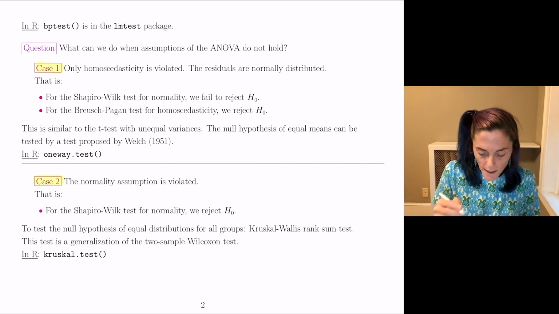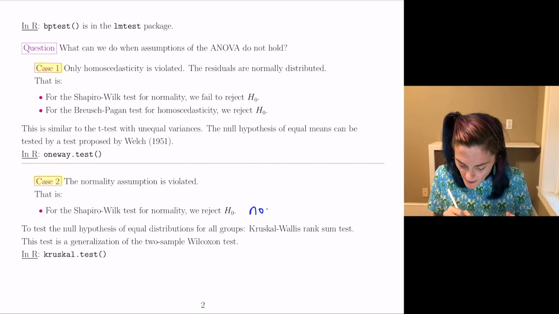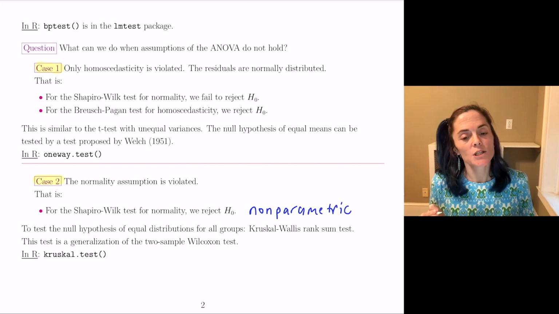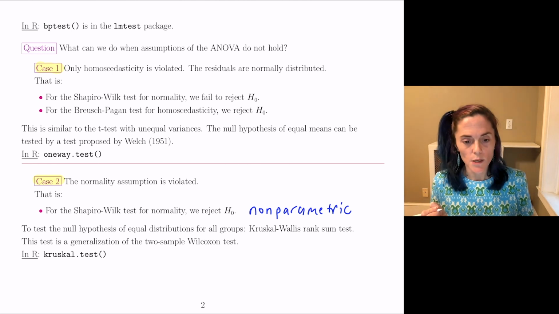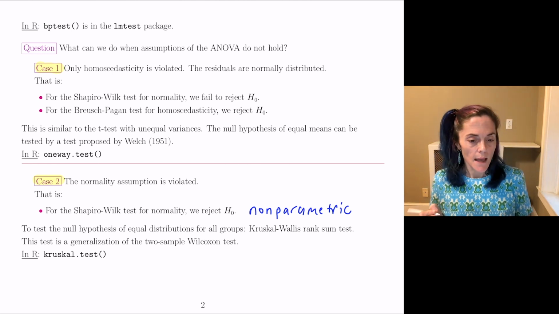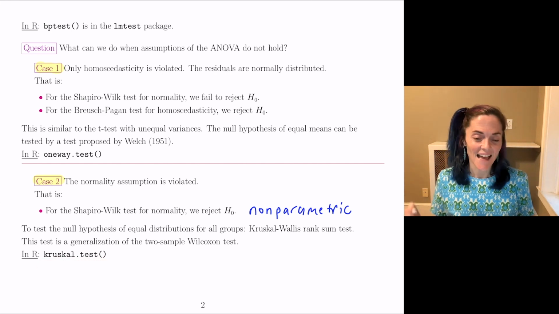That's what we would do here. We have this Kruskal-Wallis test. This is a non-parametric test, and it's a generalization of the two-sample Wilcoxon test. It uses rank sums. And in R, we can use this kruskal.test.